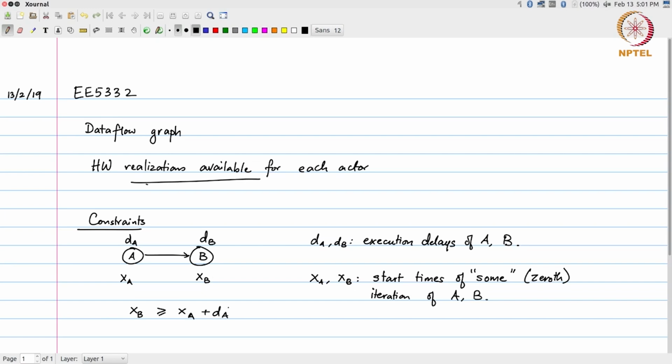I am going to allow the equal to under the assumption that as soon as the data is ready, it can start executing. Okay? This, in other words, is the fundamental constraint that I have with regard to this pair of actors in a data flow graph. Okay? XB must be greater than or equal to XA plus DA.